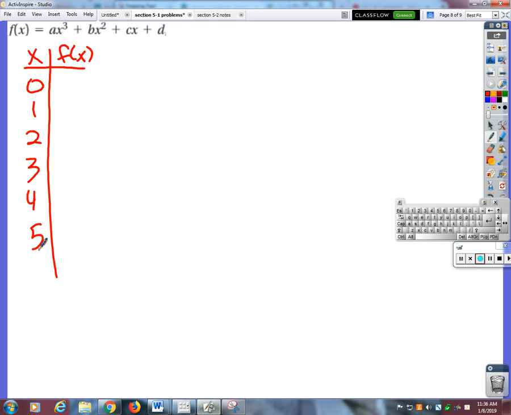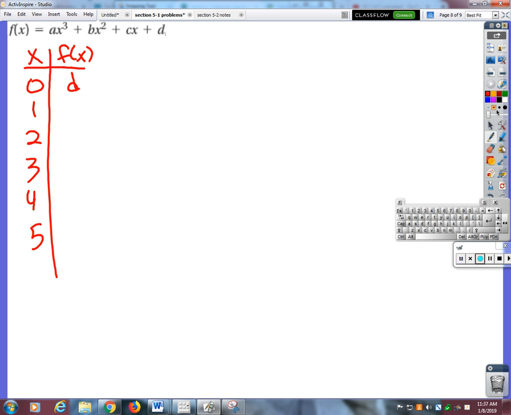So if I plug in 0 for the x's, what do I get? I get D, because this would be 0, this would be 0, this would be 0, but this does not have an x, so it's going to stay there, okay?